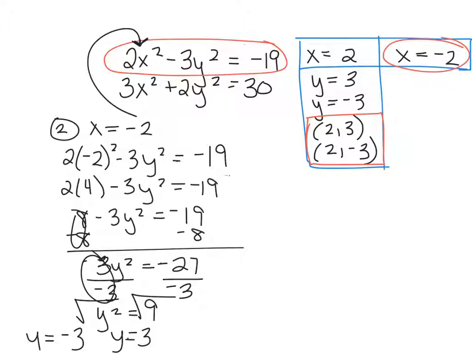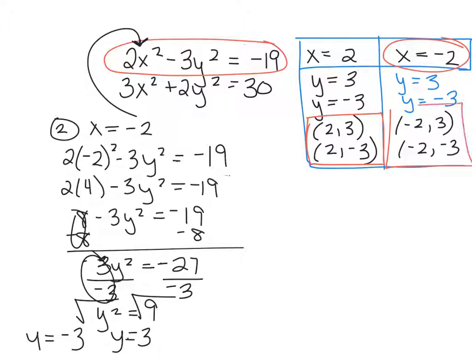So that tells me that when I plugged in a negative 2 for x, I got y equals the positive 3 and I got y equals a negative 3. So I have two other ordered pair solutions. I have (negative 2, 3), and I have (negative 2, negative 3).